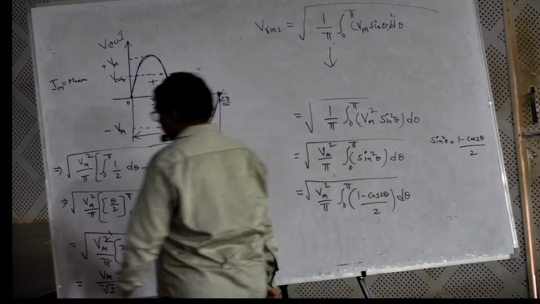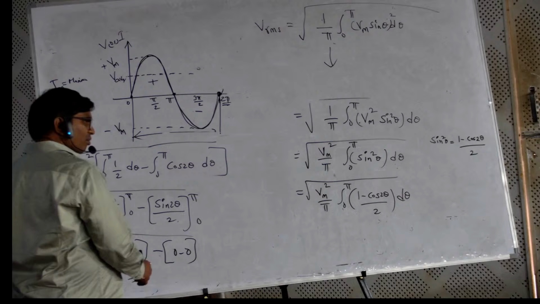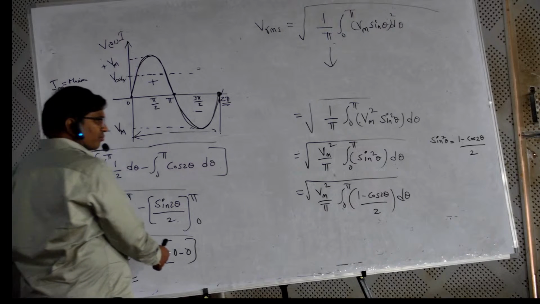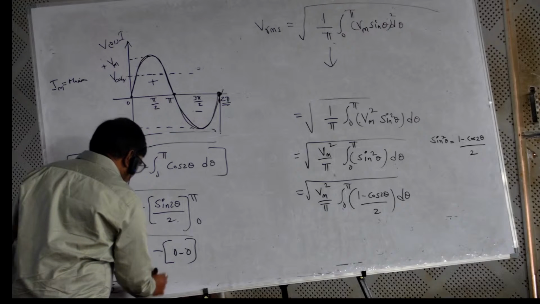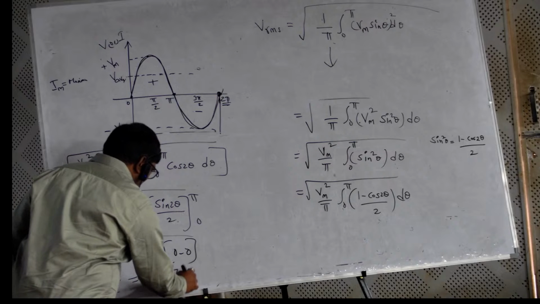Now after this, what is the 1 by root 2 value? 0.707 Vm.